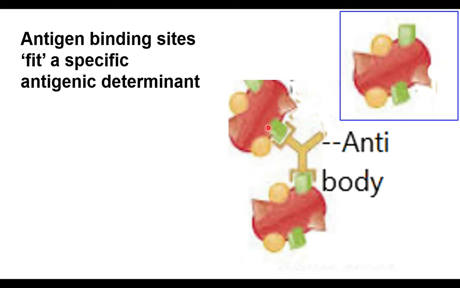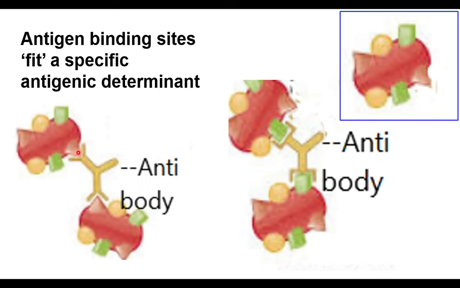Antigen antibody binding shows a lock and key mechanism. A particular antigenic determinant is recognized by a particular type of antibody molecule. Let us see another recognition. The pointed antigenic determinant is recognized by another antibody molecule. So antigen antibody recognition is like a lock and key mechanism. In the next part we shall learn about antigen antibody reactions.